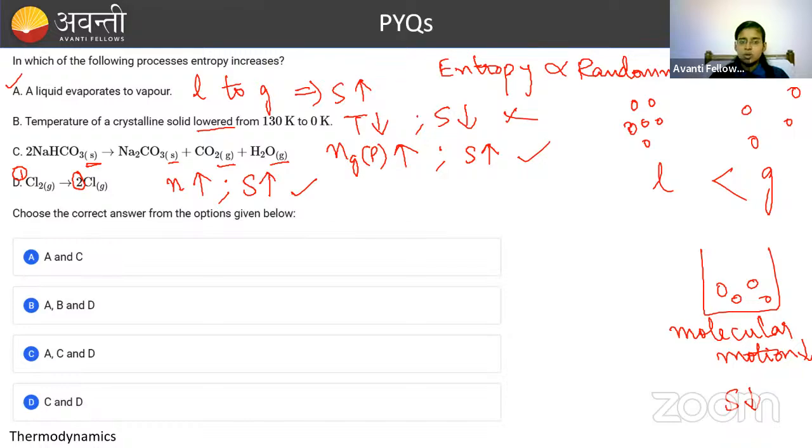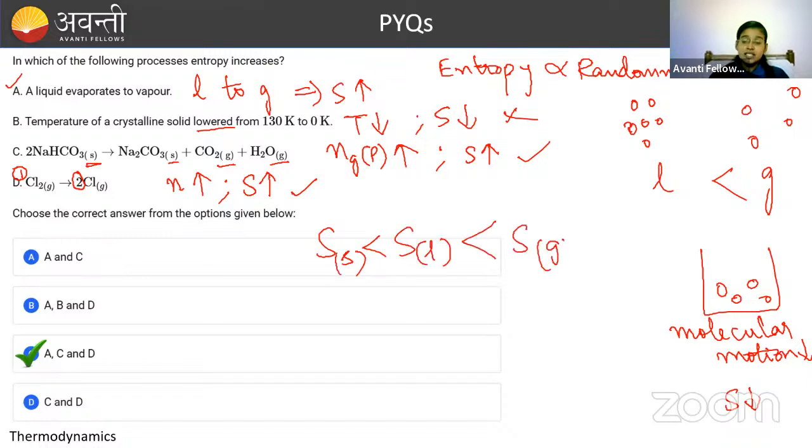Got it? So in A, C and D, that is option C. In all these three cases, the entropy is increasing. Okay, so you should know two things, two concepts from this question. One is entropy of the solid is less compared to the liquid, compared to the gas.